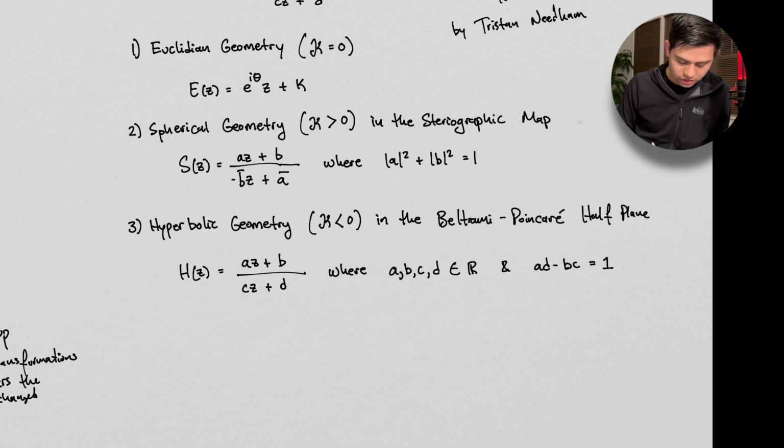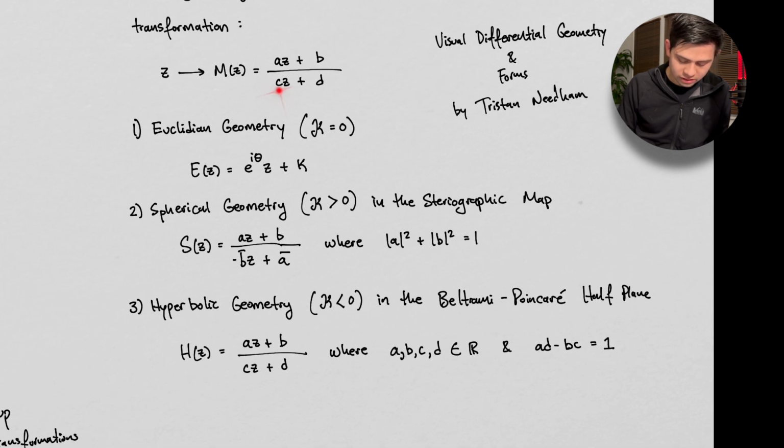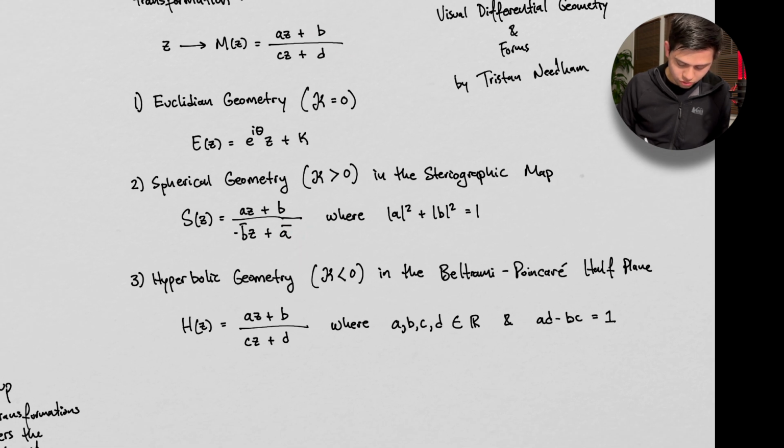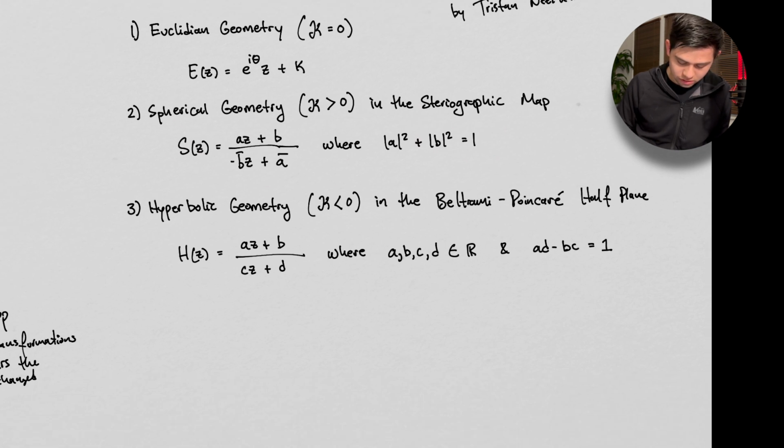So if we look at the transformation, C here is the negative complex conjugate of B, okay? And D is the complex conjugate of A. And then we're stipulating that A squared plus B squared equals 1. We'll go ahead and prove this in a few minutes.